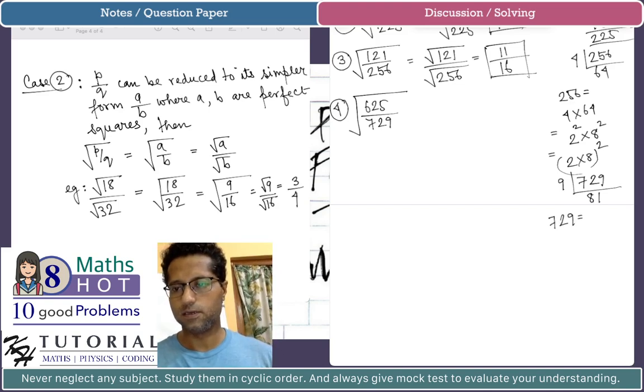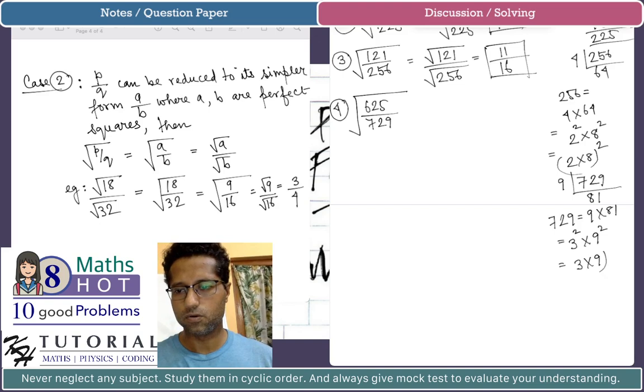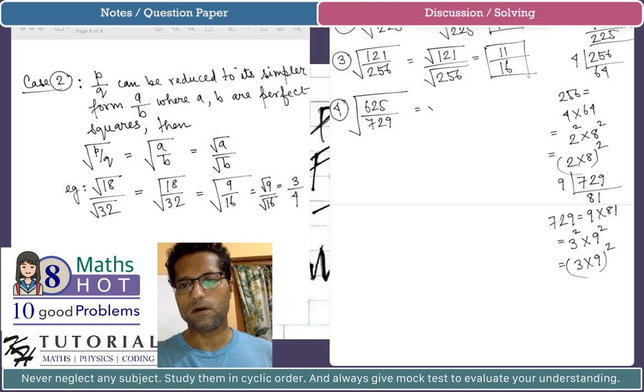So 729 I can see is 9 multiplied by 81. This is equal to 3 square multiplied by 9 square. This is equal to 3 multiplied by 9 whole square. So definitely we can see both are perfect squares. So this will be square root of 625 divided by square root of 729.